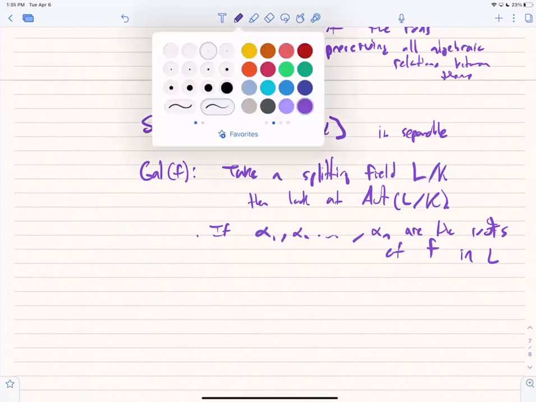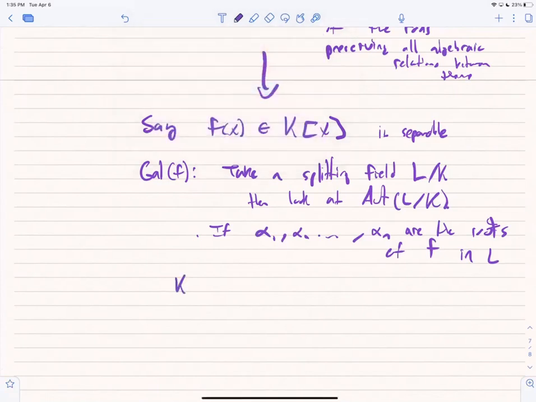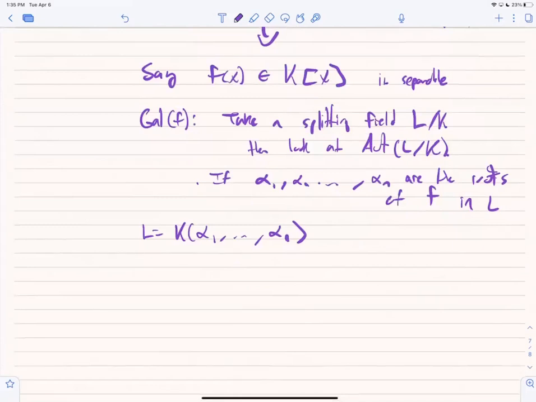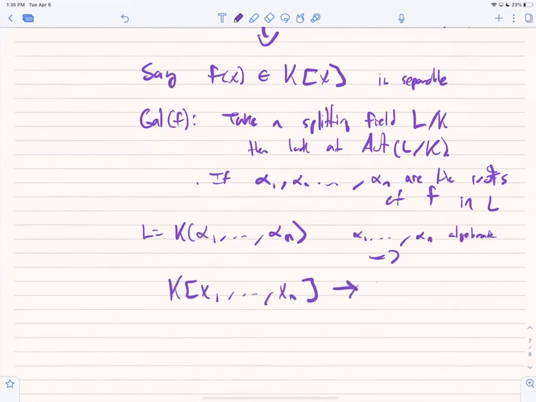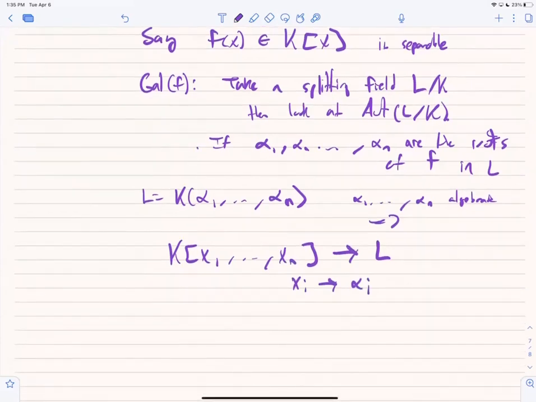Well, okay, so when I have L equal to K(alpha 1, ..., alpha n), that means I have an ideal. Really, because alpha 1 through alpha n are algebraic, this implies that if I take the map from the polynomial ring K[x1, ..., xn] to L, sending xi to alpha i, then this is surjective.